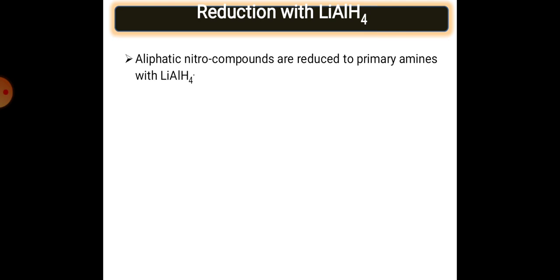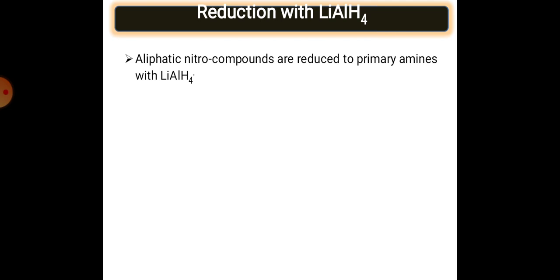Lastly, we have another type of reduction, that is reduction in the presence of aluminum hydride. I said before that reduction is done with the help of a hydrogen source. Hydrogen sources come either from hydrogen gas, that is catalytic hydrogenation, or from aluminum hydride, which is a metal complex hydride. MH, where M means metal and H hydrogen, is a metal hydride.